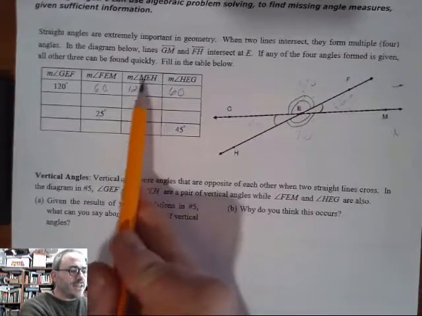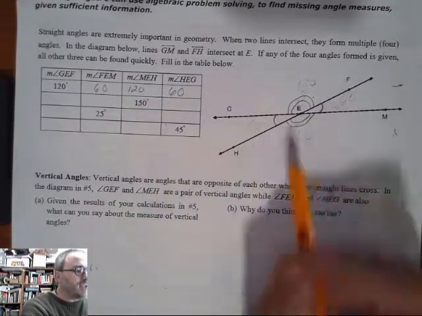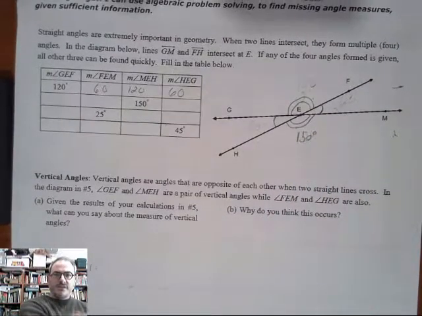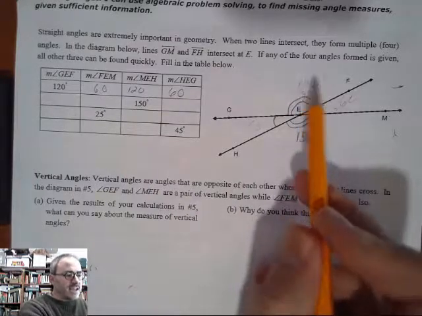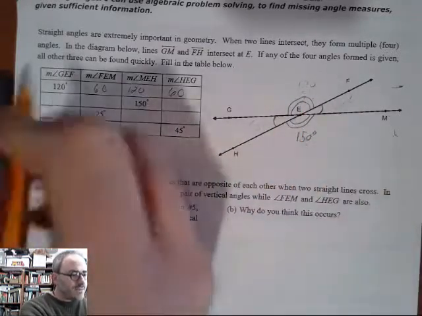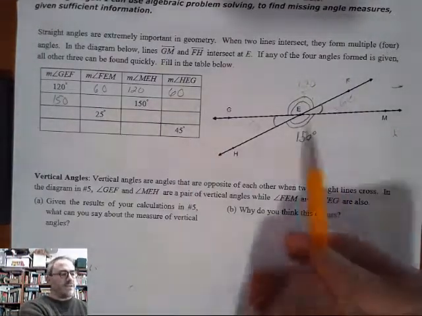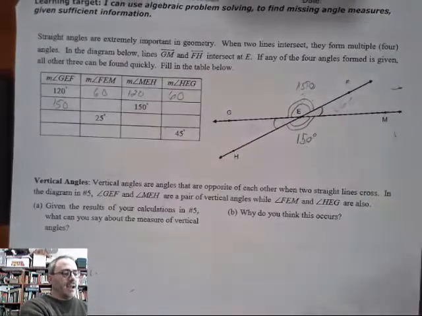Now they're telling us that MEH is 150. Now we are to suppose that's 150 degrees. Well, if that's 150, then this has to be 150. GEF has to be 150. If that's 150, the other has to be 150 because these are vertical angles. And same thing we did before.